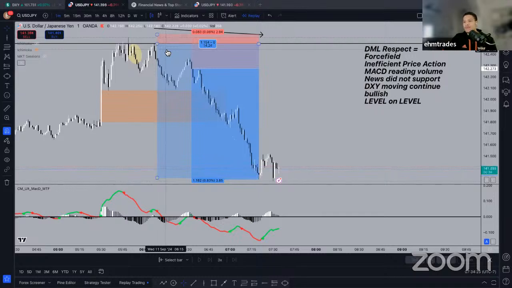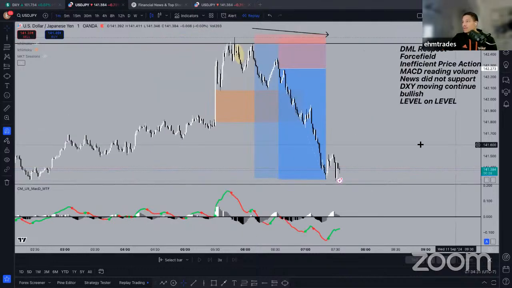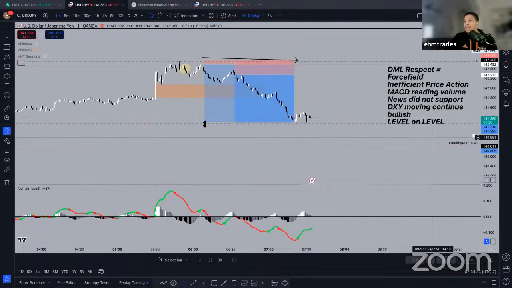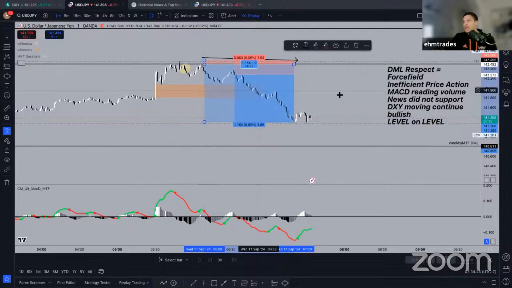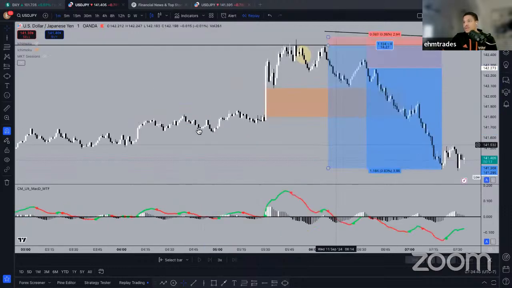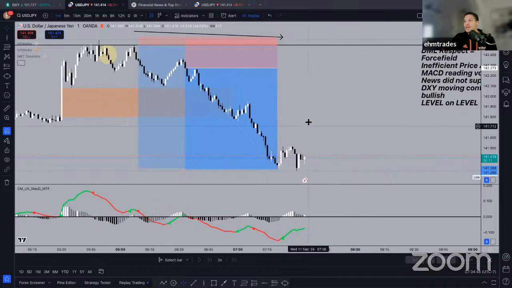This would have been the entry I took, and if I had stayed in it, I would have even liked it to move to this weekly. Let's see if it touches that, but I definitely would have secured 68 from it on the inefficiency fill, taken some partials on the way down and let it do its thing on the rest. But a very, very clean entry nonetheless this morning.